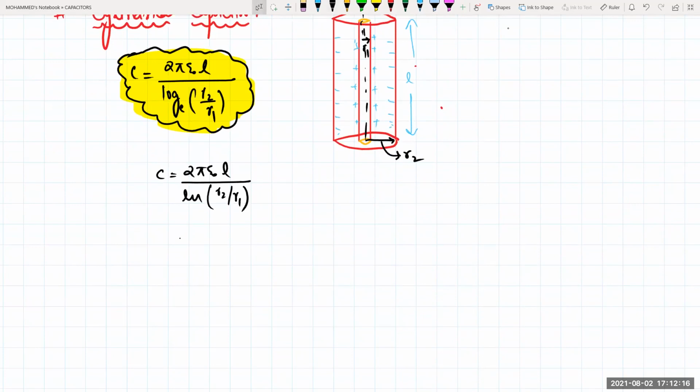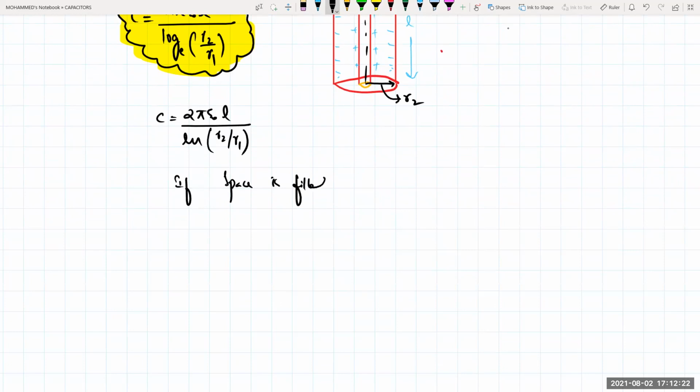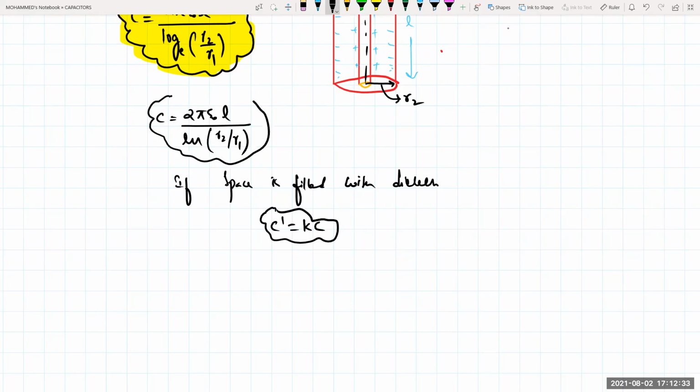The space between them is filled with the dielectric. If space is filled with dielectric, capacity will become K times of C. Where is the dielectric? The space between them, this region. I'll draw here.